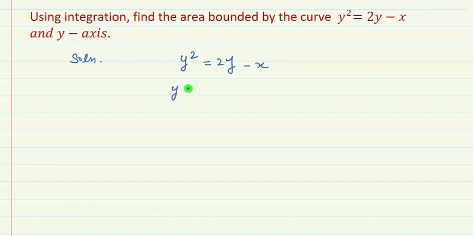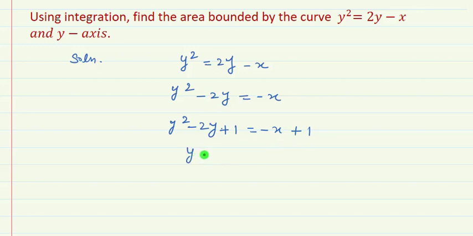So to change it into the standard form, let me write y square minus 2y is equal to minus x. Now, by the completing the square method, for y square minus 2y, take half of the coefficient of y, square it, and add and subtract. Clearly it is 1. So adding 1 on both sides, it is plus 1 on the left hand side and minus x plus 1 on the right hand side.